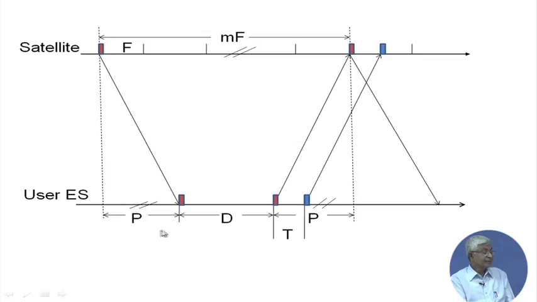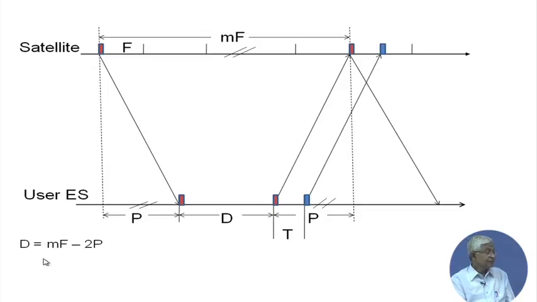So 2 times propagation delay, and this unknown d and your allotted time t. So this can be equated: m times f is equal to p plus d plus t plus p. So you can reach at the reference burst, and then after t you will reach there. So you can find out d or d plus t, any one of them, but here d is unknown and m is unknown. So you have to do it iteratively.